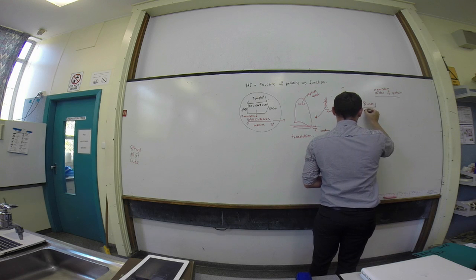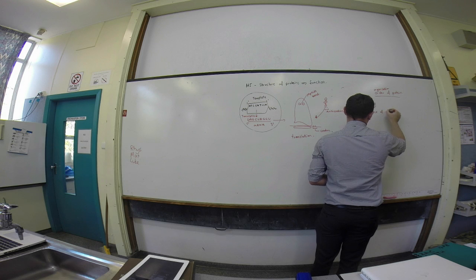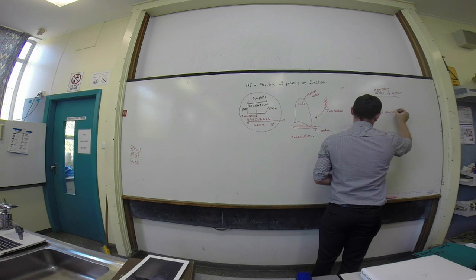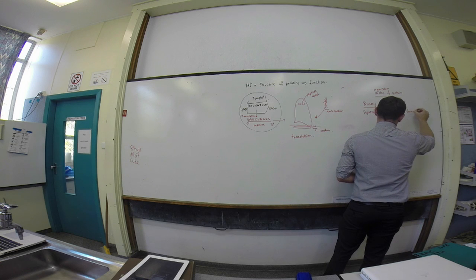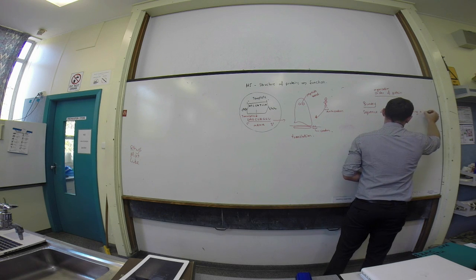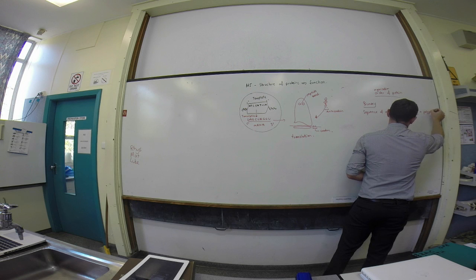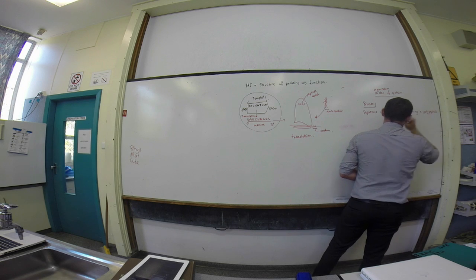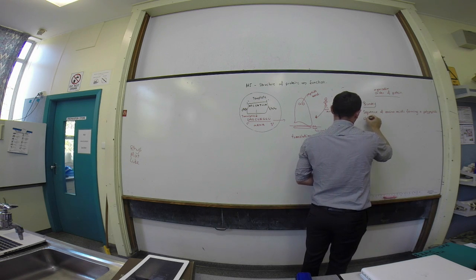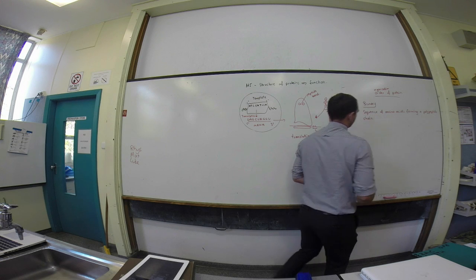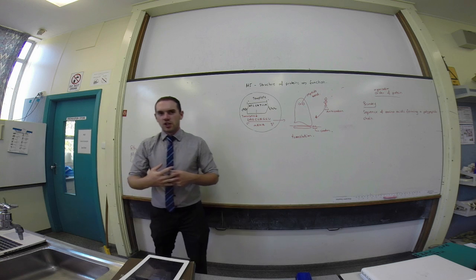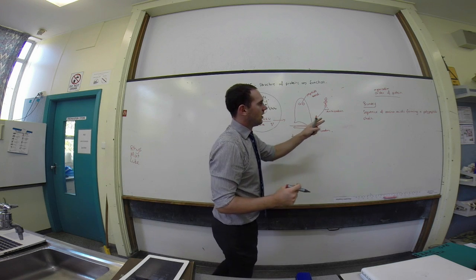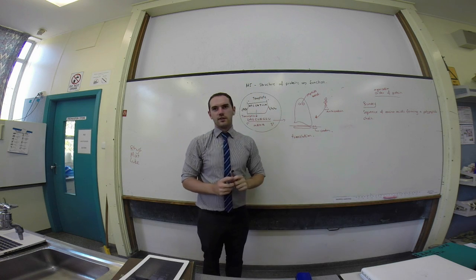So this is the sequence of amino acids forming a polypeptide chain. That's the primary organisation. Just the sequence of amino acids.